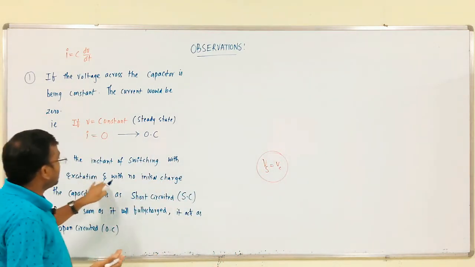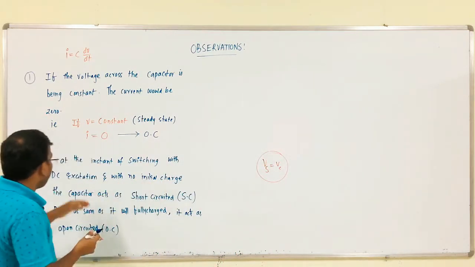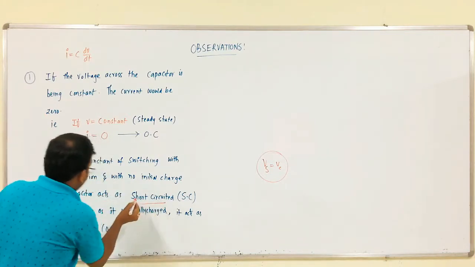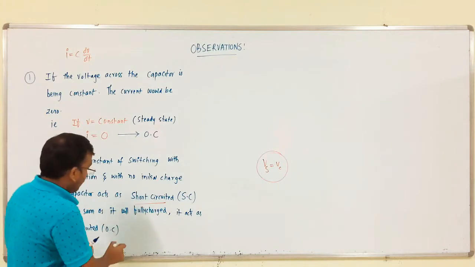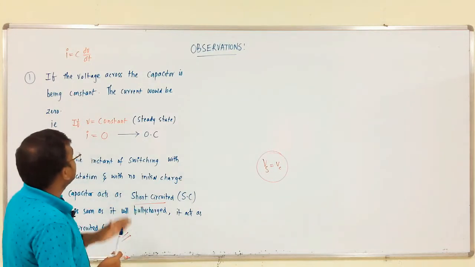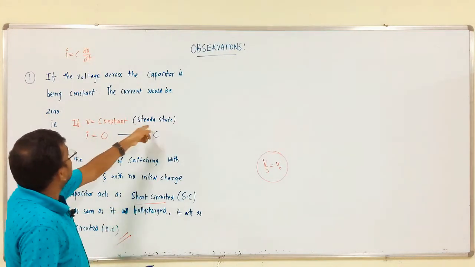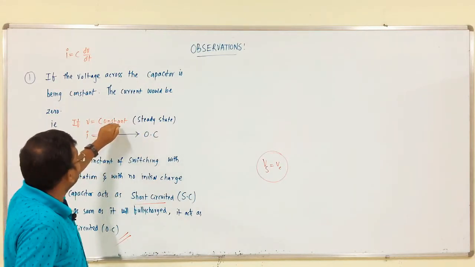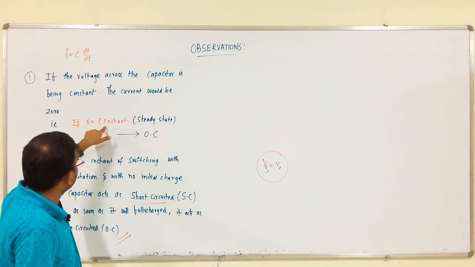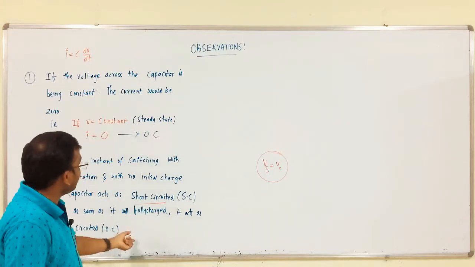So, with DC excitation and no initial charge, the capacitor acts as short circuited, but as soon as it is fully charged, it acts as open circuited. In steady state, the capacitor voltage equals the supply voltage, V is equal to Vc, right.